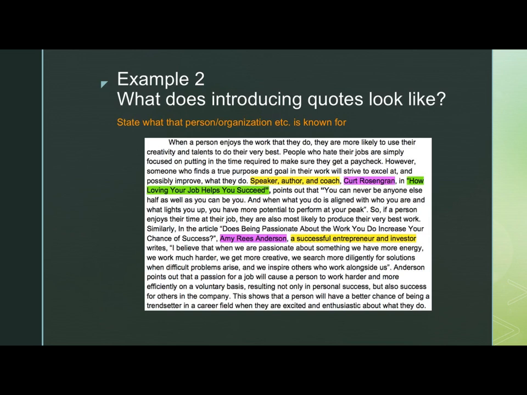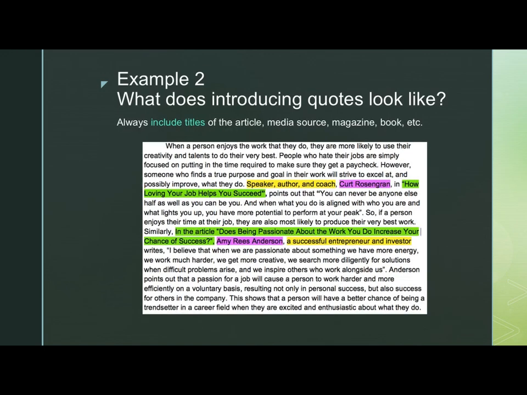And to establish Amy Anderson's own little bit of credibility, we've added this information here, stating that she is a successful, that's great to know, successful entrepreneur and investor. And then the title of Amy's work is also included. So it's an article, and since it's not a book, quotation marks are used to identify the title of that article.